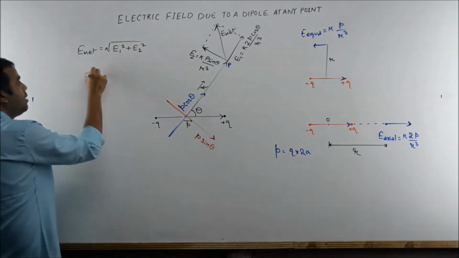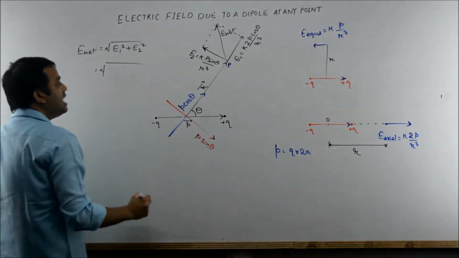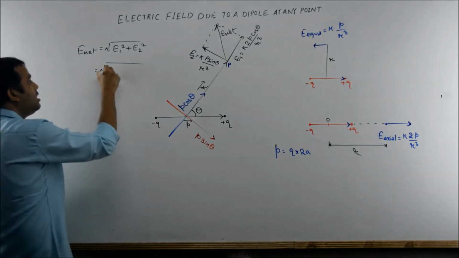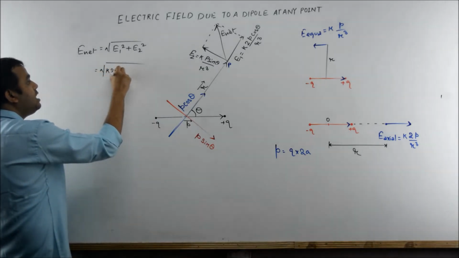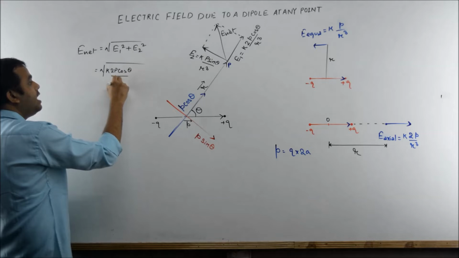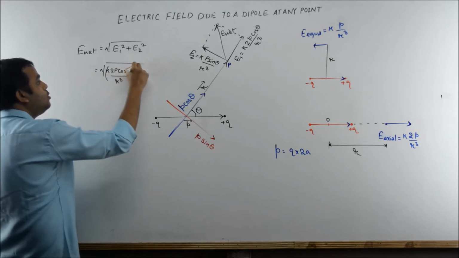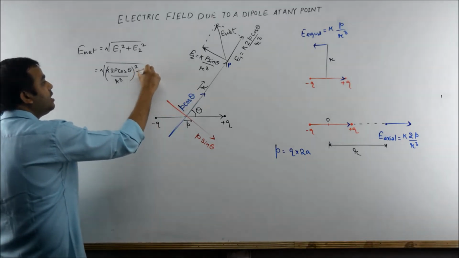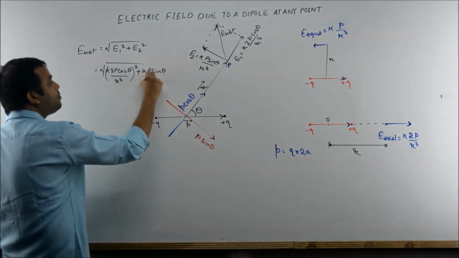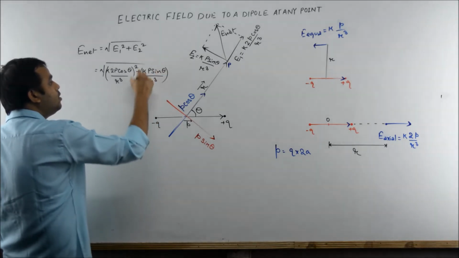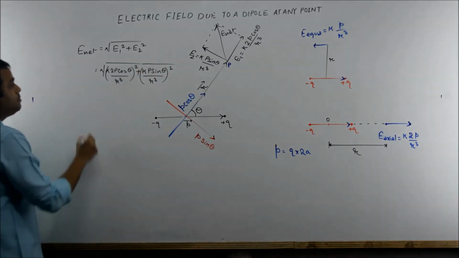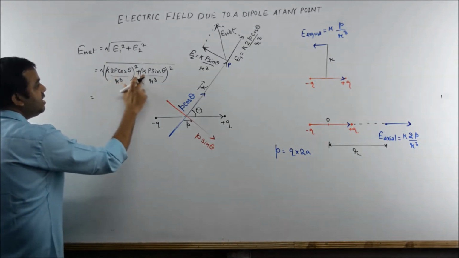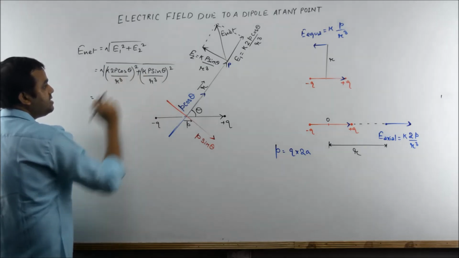Simple. Implies E net equals root over E1 square, this time it's K twice P cos theta by R cube whole square, plus E2 square, it's K P sin theta by R cube whole square. No problem. Clearly you can see that K is there, R cube is there, P is there.